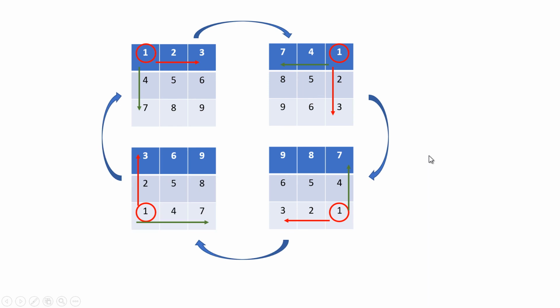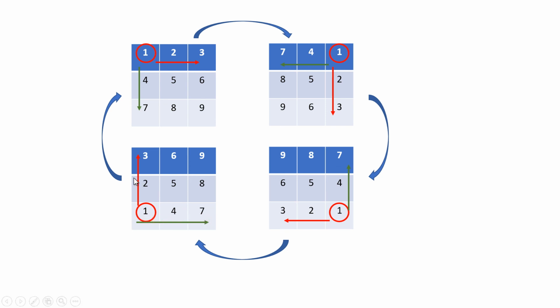And then if it's rotated again, now we have this table rotated 270 degrees, and now the smallest number is on the bottom left. And then for the first row, we need to go upward. And then for each row following, we need to go to the right side.